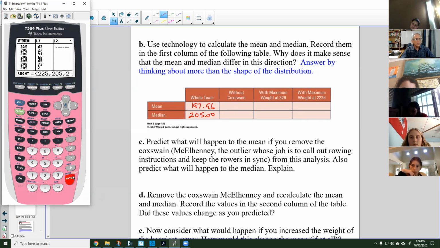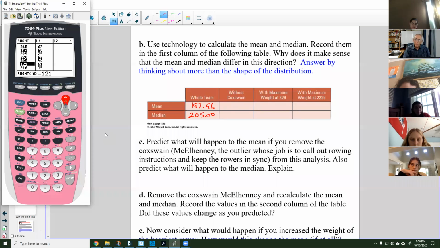Okay. Well, now if I decide, they say, well, without the coxswain. I'm going to go down here because I know that the coxswain weighs 121 pounds. He's a real skinny dude. There he is, 121. And I could just delete him, right? And then redo my statistics.